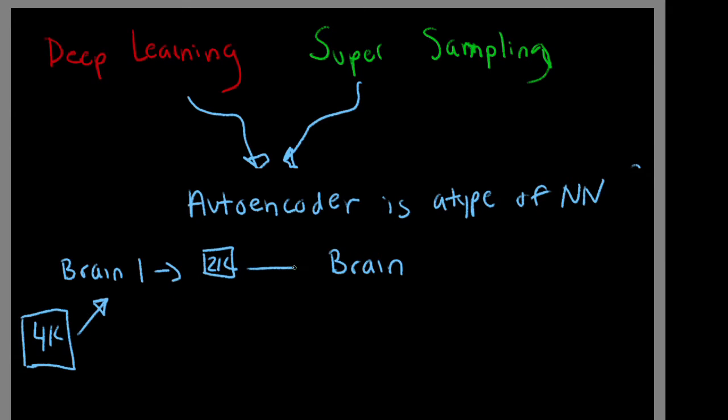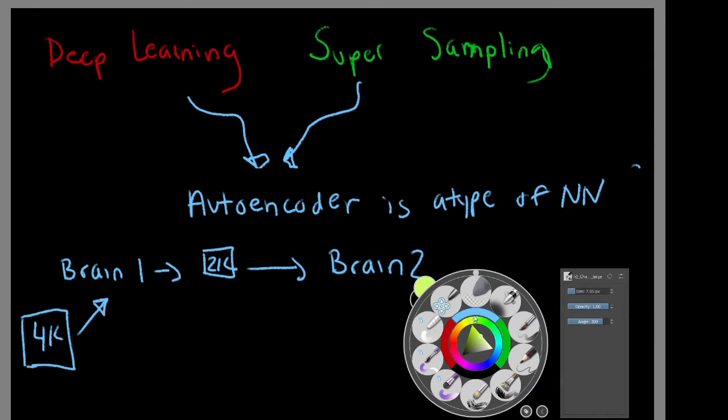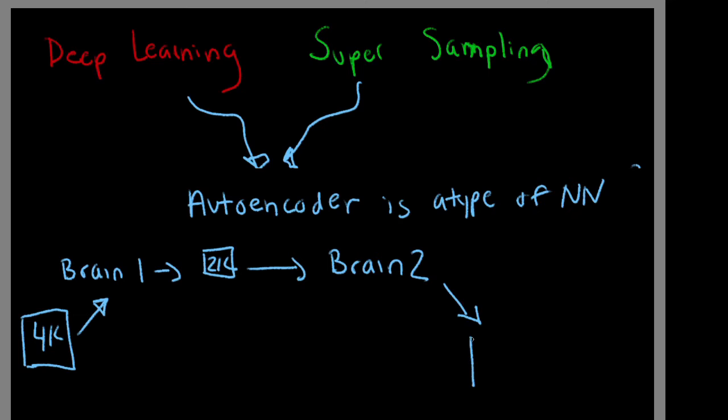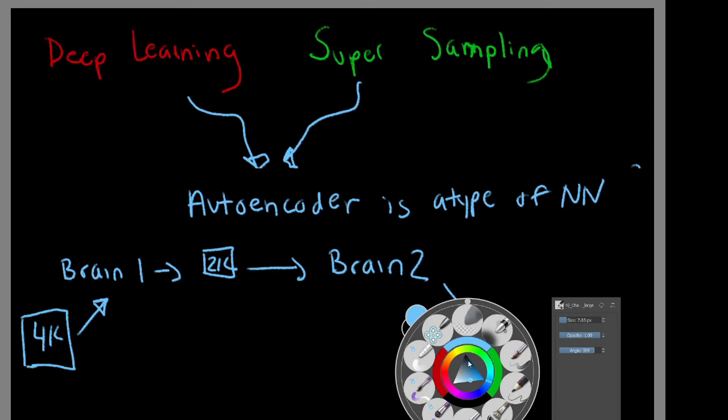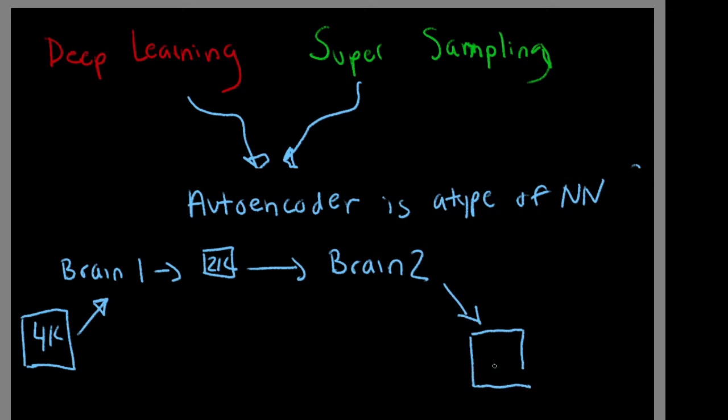This is then fed to brain 2. And brain 2's job is to try and guesstimate what this looked like originally. So we can say brain 2 will create something that looks very, very identical. I'm going to finish this off in a separate color to show, it's going to be very, very identical to the original, but it's going to be ever so slightly different.